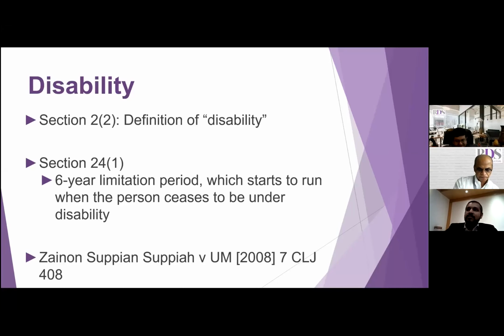Now, of interest to discuss are cases in which unsound mind applies. The illustration can be seen in the case of Zainun Supian Supea against University Malaya. It's a 2008 case. In 1982, Supian was diagnosed with paranoid schizophrenia.